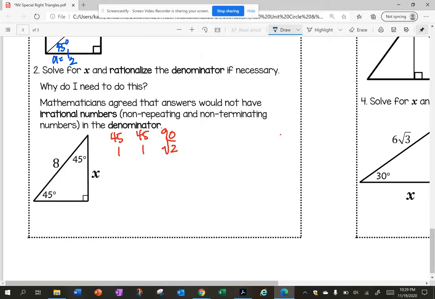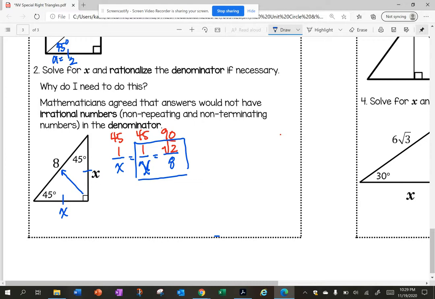So in the triangle, my two 45-degree sides are x, and across from the 90 degrees is 8. So these are equivalent fractions. To solve for x, I just need to set up 2 of the 3. So I'm going to use these 2 of the 3, and solve for x.